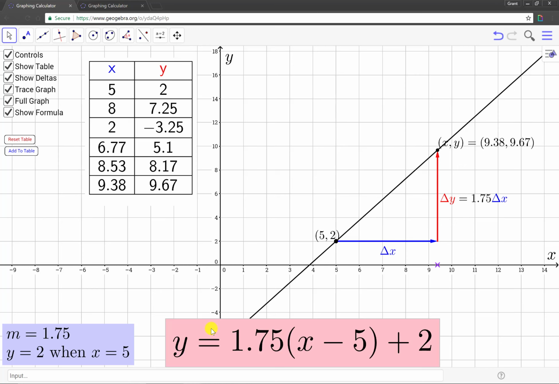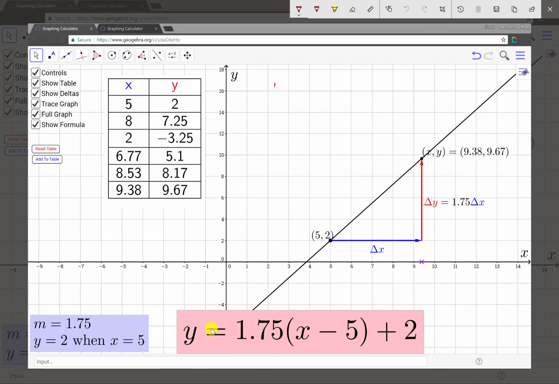So for example, let's assume x is equal to 1. Then using our formula, y will be equal to 1.75 times (1 minus 5) plus 2. And this will be equal to negative 7 plus 2, which will be equal to negative 5.